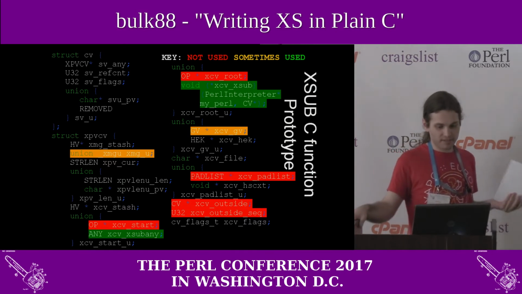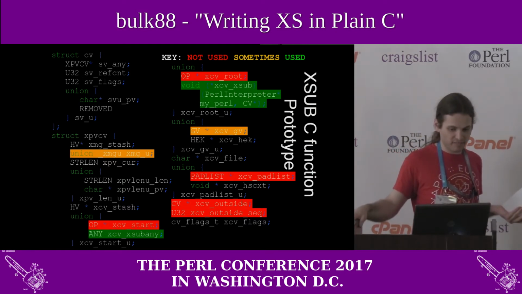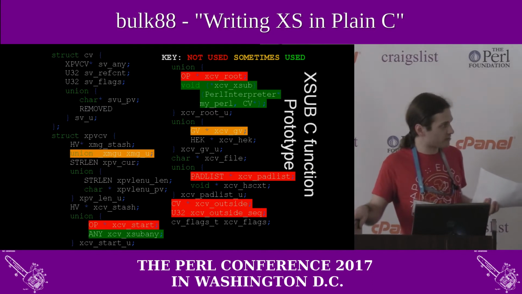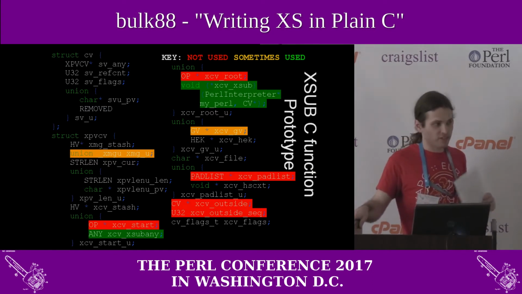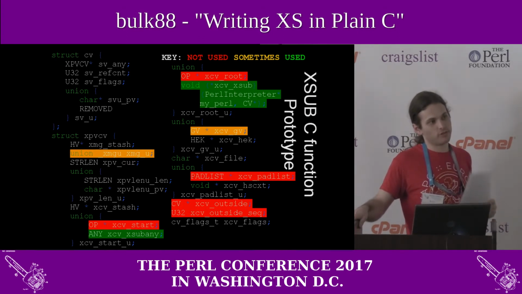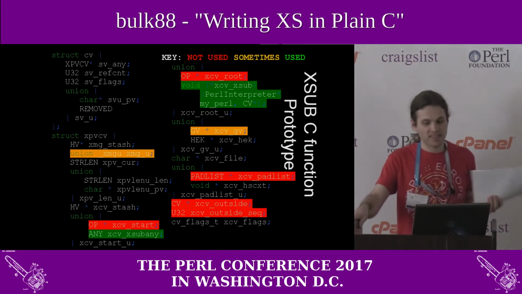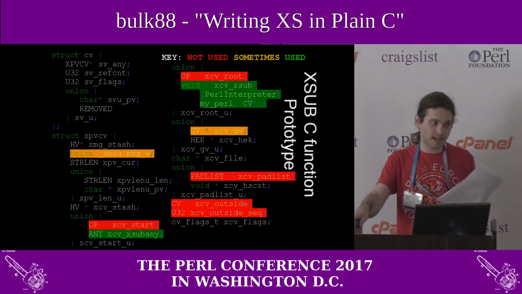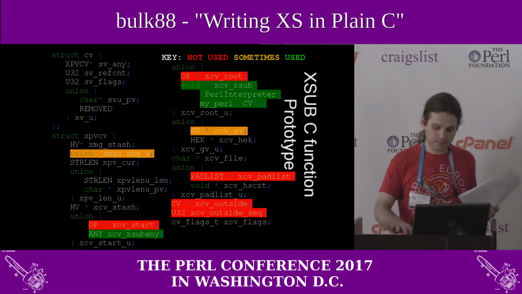I've colored some interesting fields here. The green fields you interact with as an XS programmer. The red members in the CV struct have only meaning to pure Perl subroutines. They have no meaning to an XSub. The yellow stuff you may use sometimes as an XS programmer.